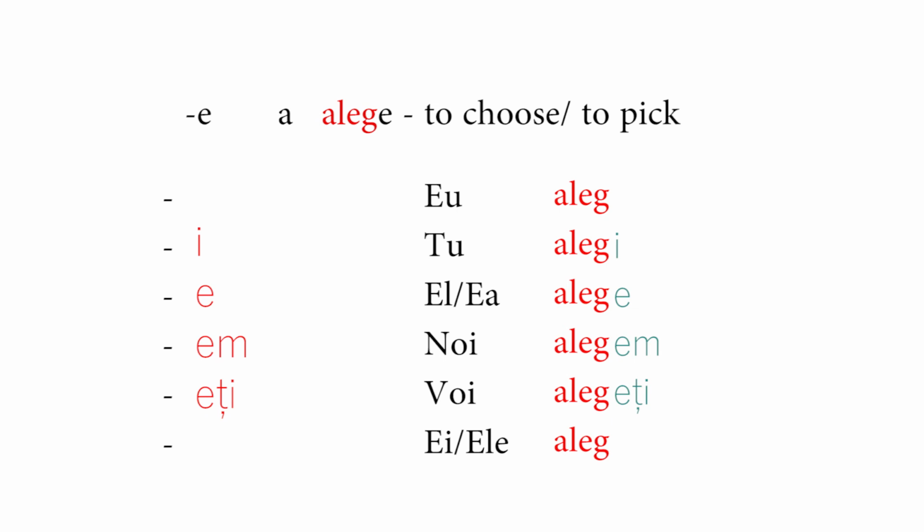Noi alegem, voi alegeți, ei, ele aleg. You see, it's easy. On this one, as in the others, some verbs may change, but this root is kind of the basic, so a lot of verbs use this path, so keep that in mind.